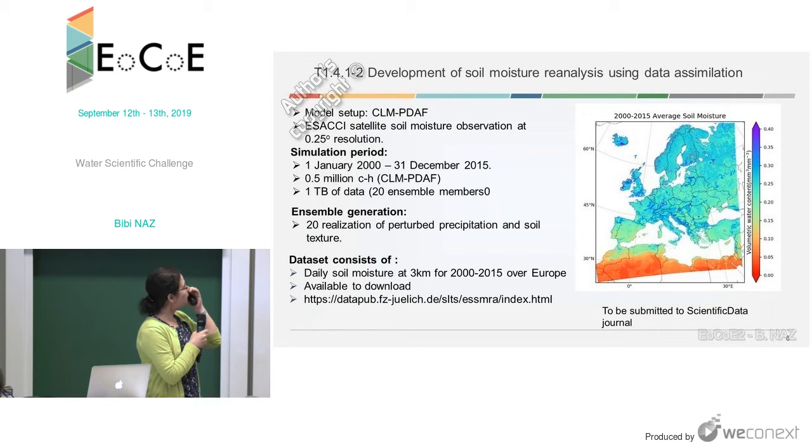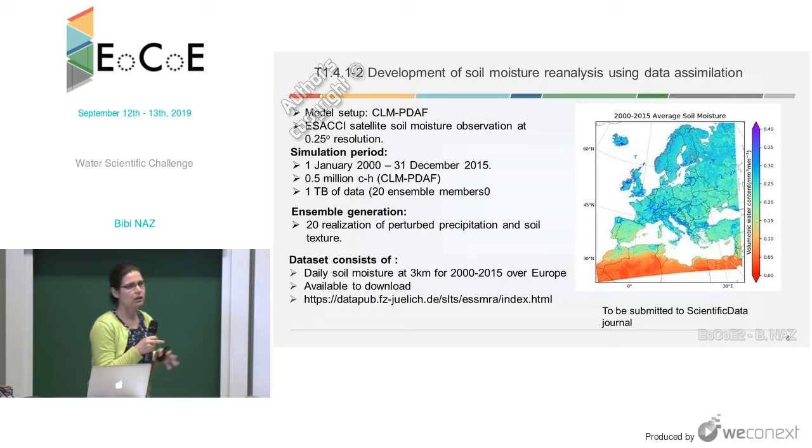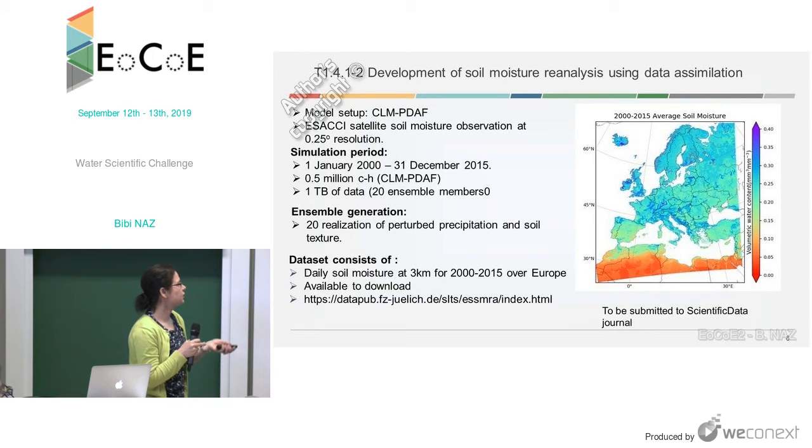So we have developed what we call the surface soil moisture reanalysis data set, which consists of daily soil moisture at 3-kilometer resolution for 16 years over Europe. It's also freely available to download from these websites, and can be used in many hydrological and agriculture applications.